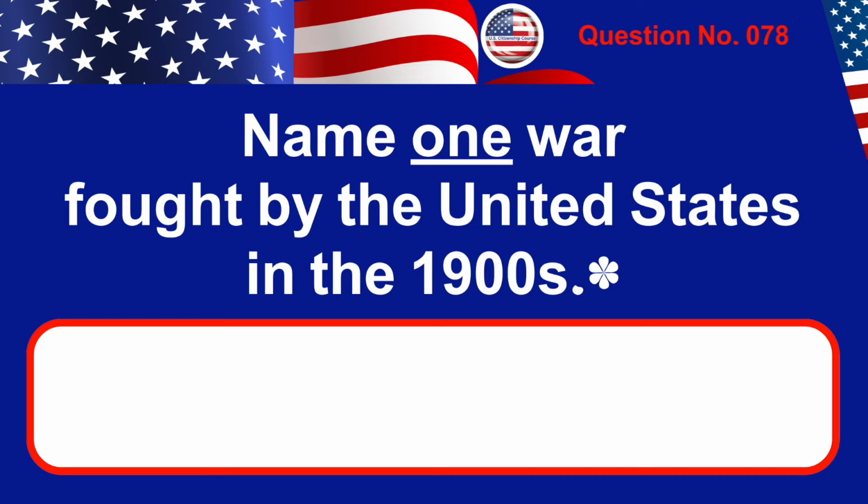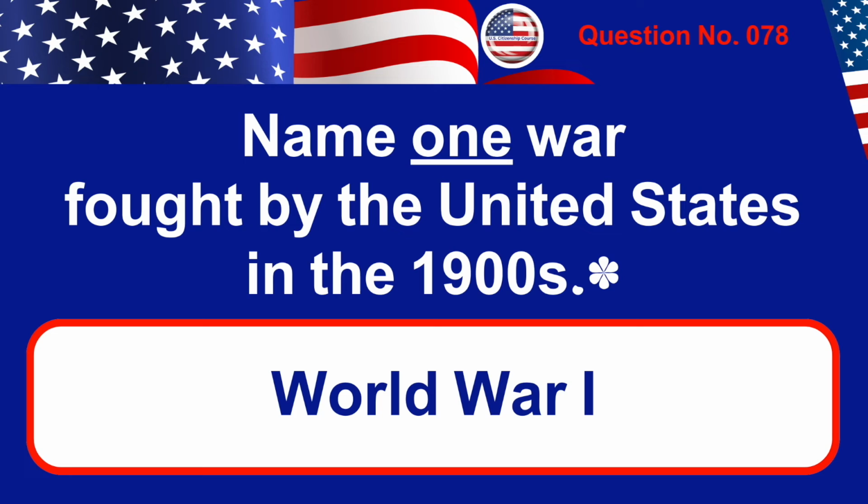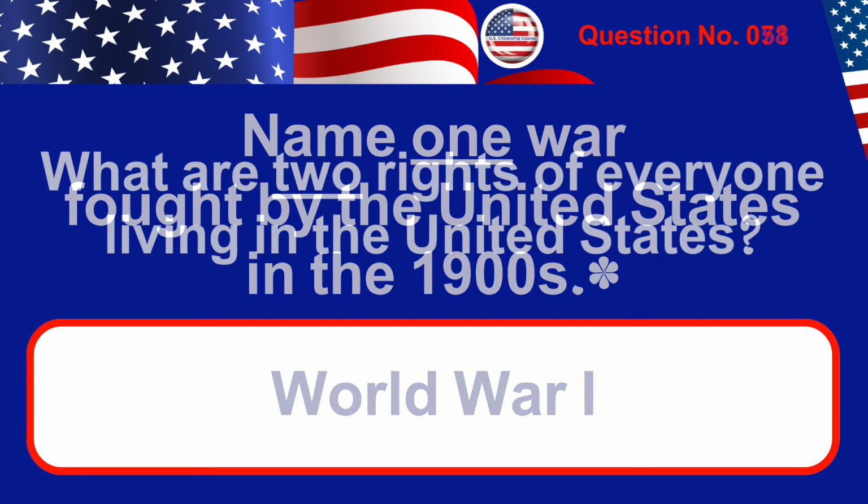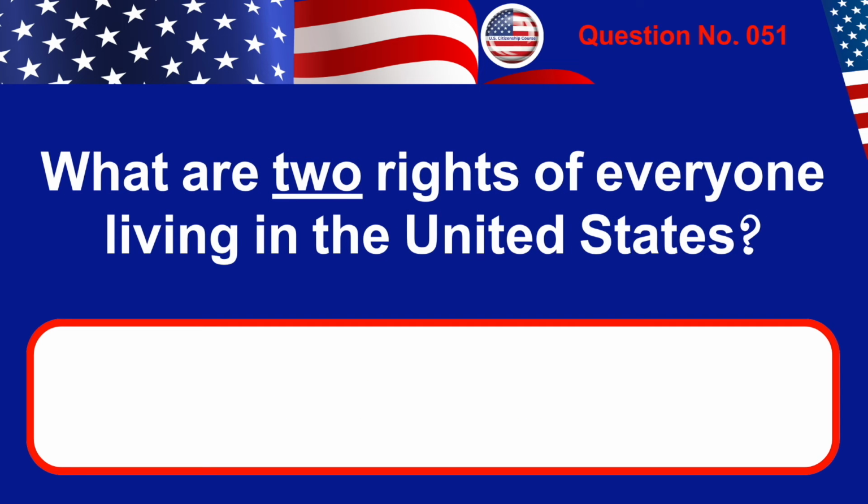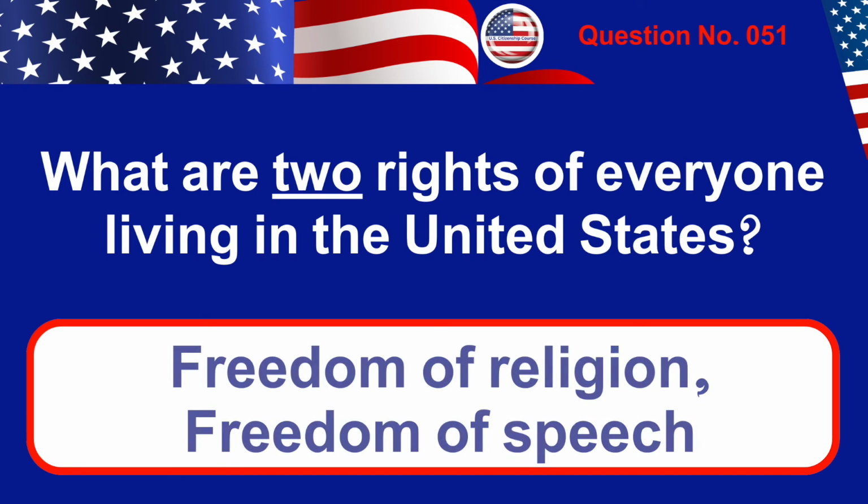Name one war, fought by the United States in the 1900s. World War I. What are two rights of everyone living in the United States? Freedom of religion. Freedom of speech.